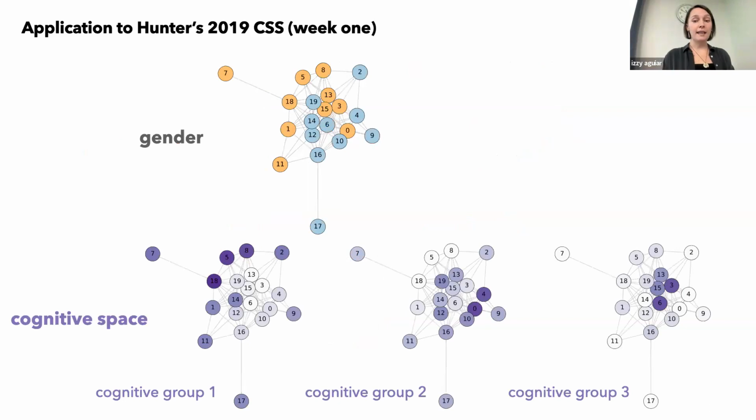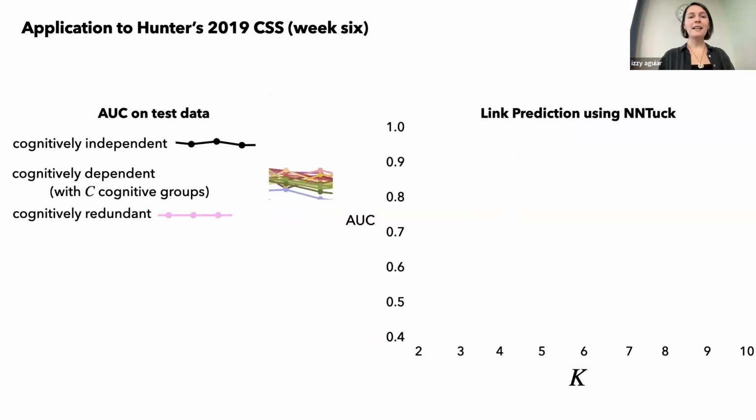And the cognitive space, again, barring these people 3, 6, and 13, and 15, also corresponds to these gender lines. So people share a relational schema according to people who have the same gender identifier as them, except for persons 3 and 6, who actually have different gender identifiers, but show up in this different cognitive group.